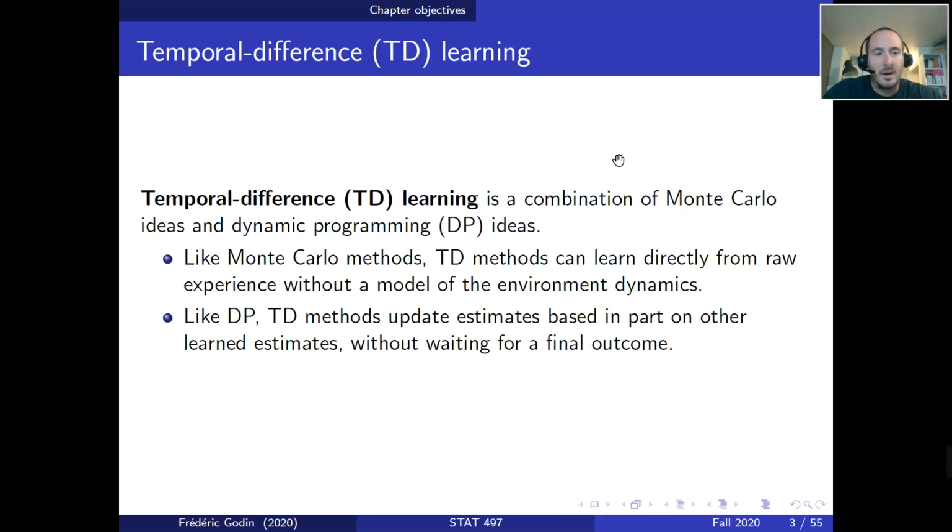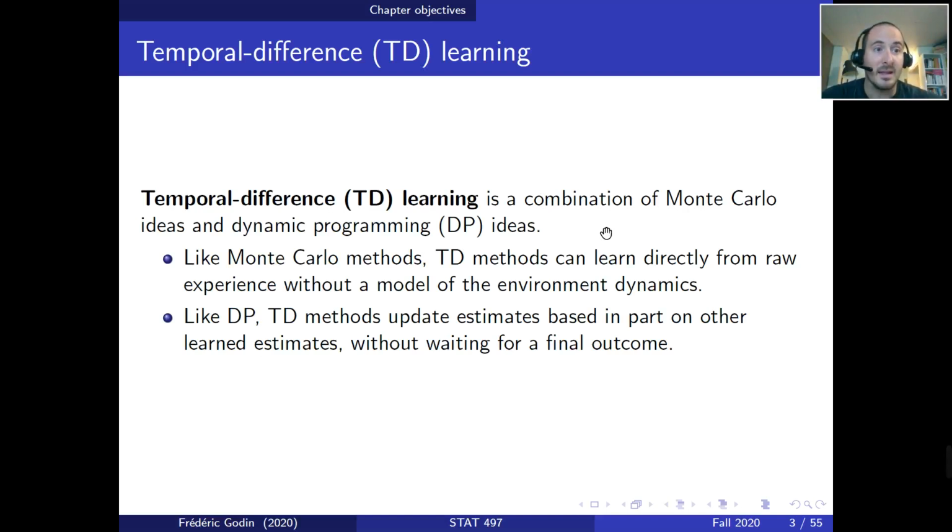Like we said, temporal difference methods, often denoted by TD, so TD stands for temporal difference, combine ideas of Monte Carlo algorithms and dynamic programming algorithms. Like Monte Carlo, TD methods can directly learn from raw experience without relying on a model of the environment.